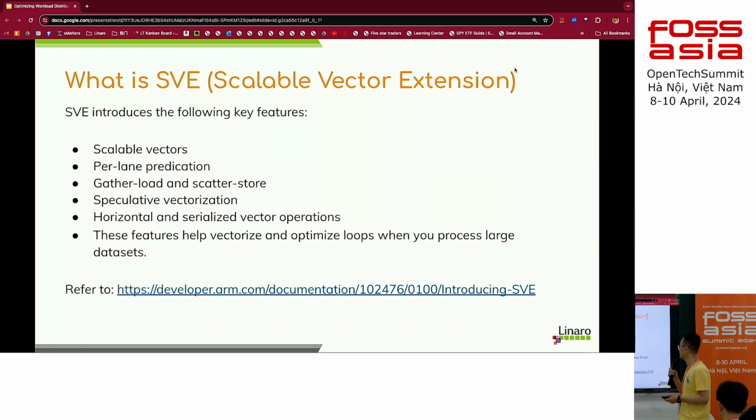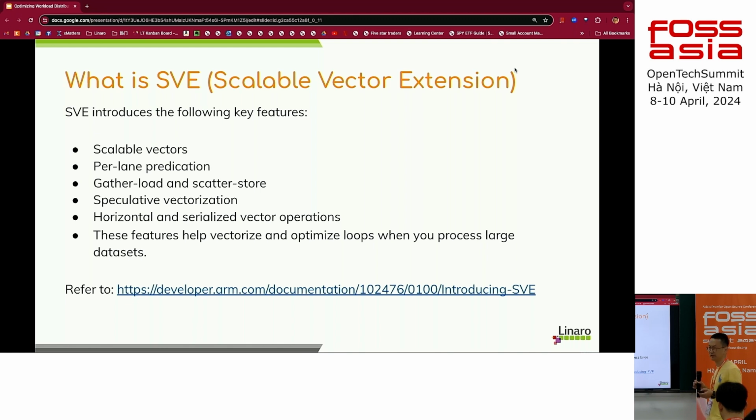So what is SVE? SVE vector processing is scalable. That means the register size can be defined by the vendors. Each chipset vendor can pick a proper vector length, from 128 bits up to 2048 bits.